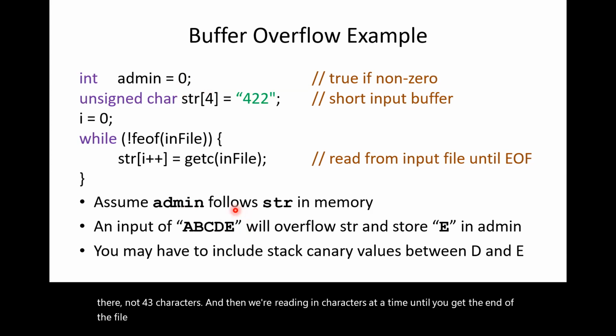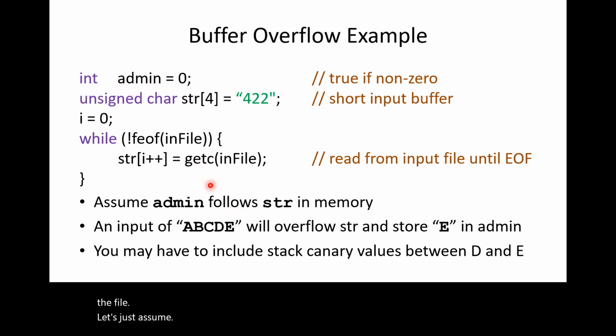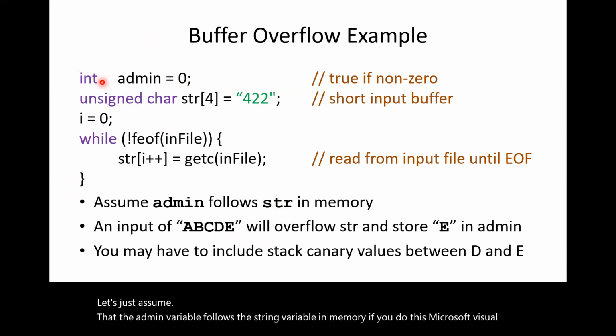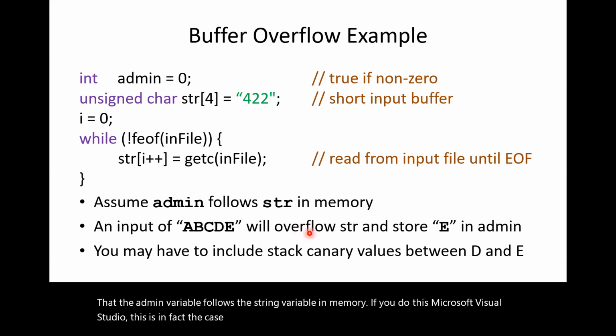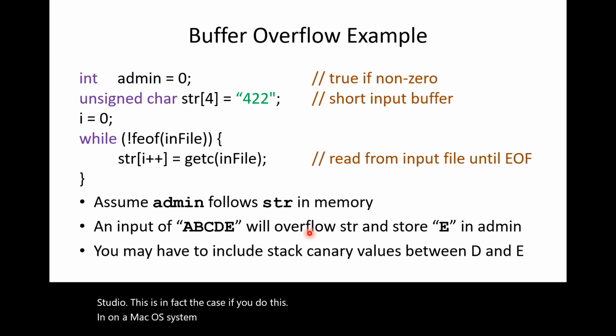Let's just assume that the admin variable follows the string variable in memory. If you do this in Microsoft Visual Studio, this is in fact the case. If you do this on a Mac OS system, I could never get that to occur. You'd have had this program as an assignment if I could get it to work on Macs.